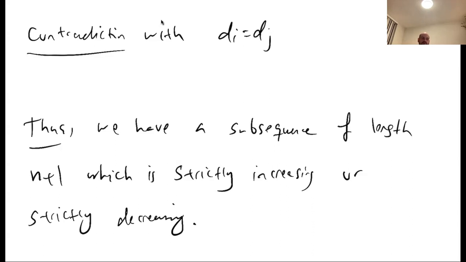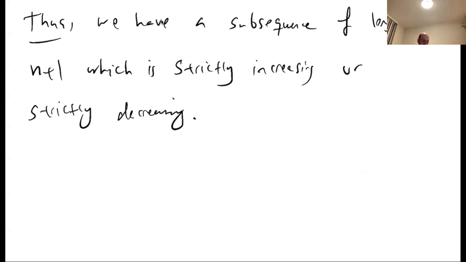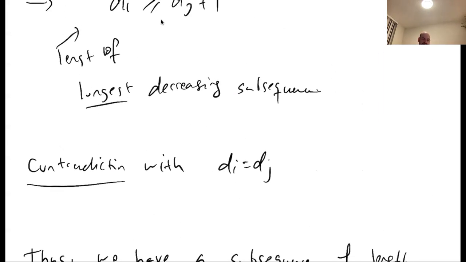And then we concluded one box will contain two elements of the form Li, Di and Lj, Dj. And then we concluded that those two pairs are equal. And then we reached a contradiction. So we proved this theorem using proof by contradiction. So it was a little bit tricky. Please go over it a few times and make sure that you understand the idea, the proof, and the details.